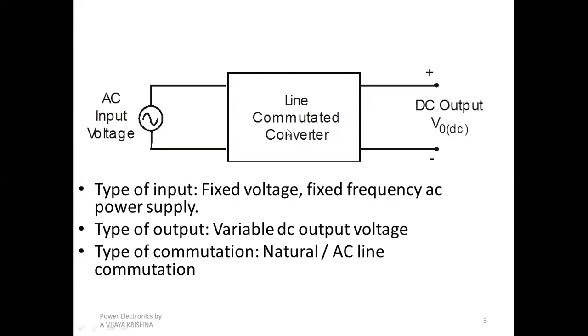A thyristor would also conduct. Then before going to the negative half cycle, the waveform crosses the zero voltage line and goes into the reverse bias condition. It is forward biased for the positive half cycle and reverse biased for the negative half cycle. That comes under natural commutation or line commutation.